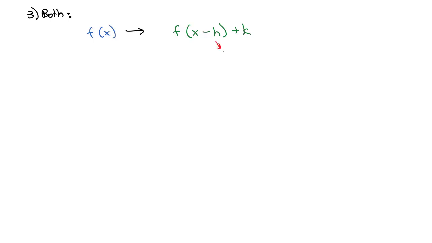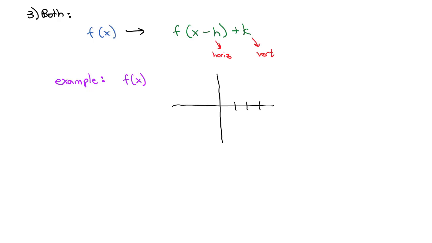And the h tells me how far we're shifting horizontally, and the k shows us how much we're shifting vertically. So let's say, for example, let's make up a fake graph. Let's say the function f of x is graphed here. And let's put some fake points on here.